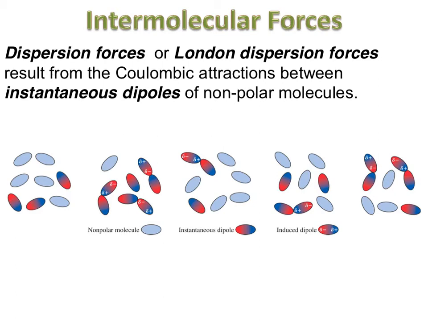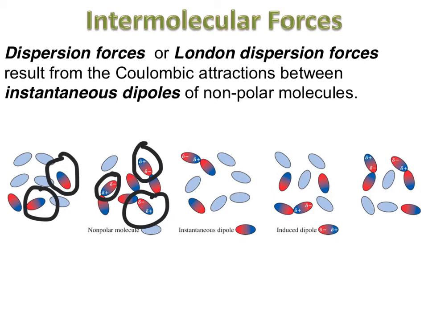This instantaneous dipole then spreads through the substance, creating what are called induced dipoles. So these are the instantaneous dipoles, and they spread the dipoles into something called induced dipoles.